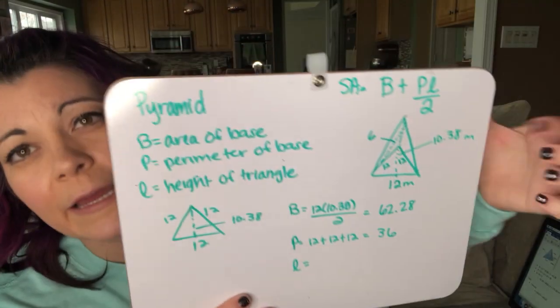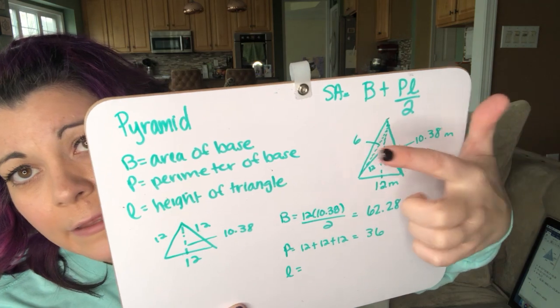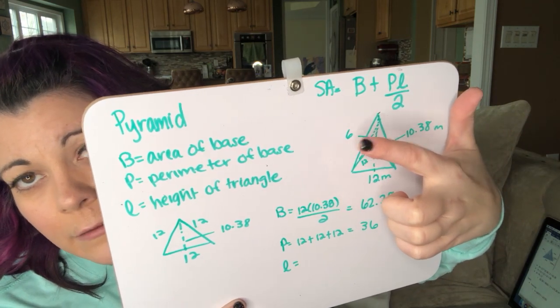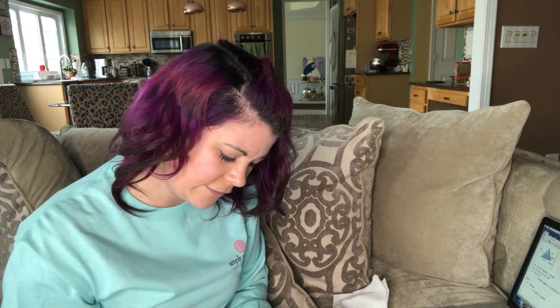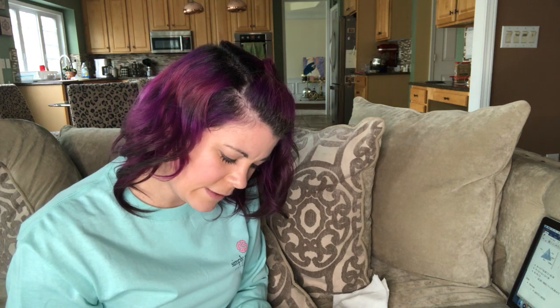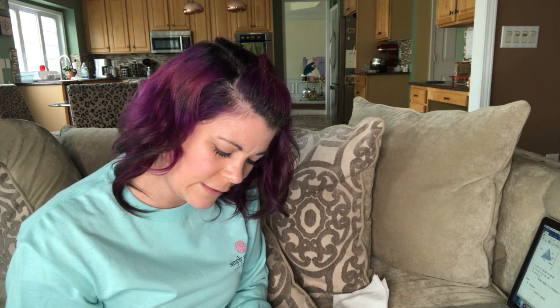And then L, the slant height of the actual pyramid, is the height of the triangles on the sides. And here it's 6. I know it's hard to tell with my drawing, but it's 6. So now I can just plug this into my formula. Big B is 62.28 plus perimeter, 36, times the length, 6, divided by 2.